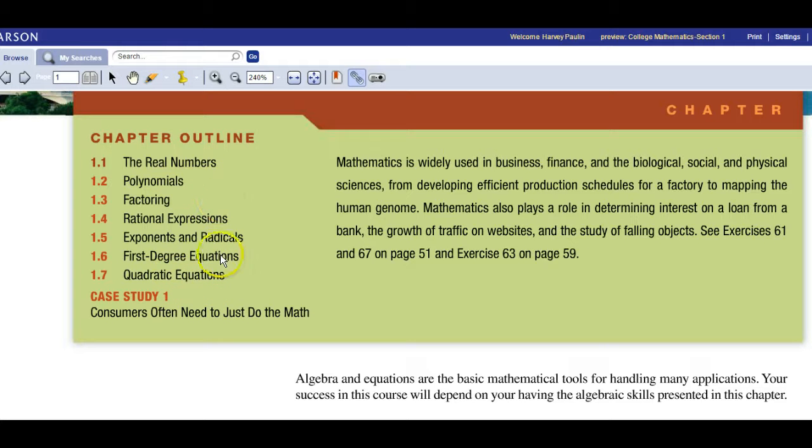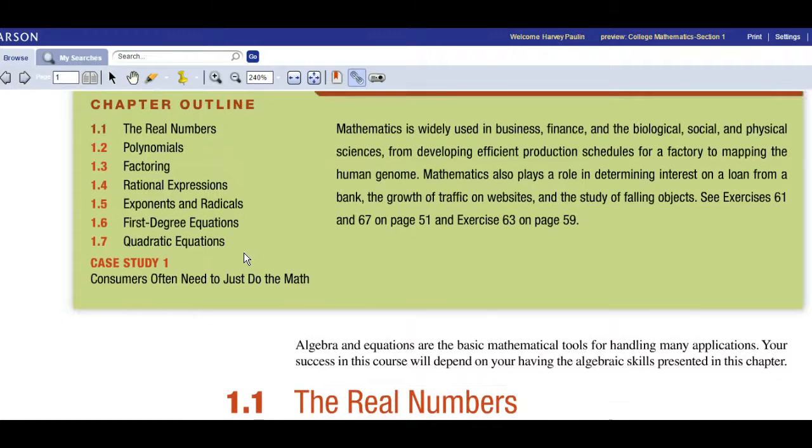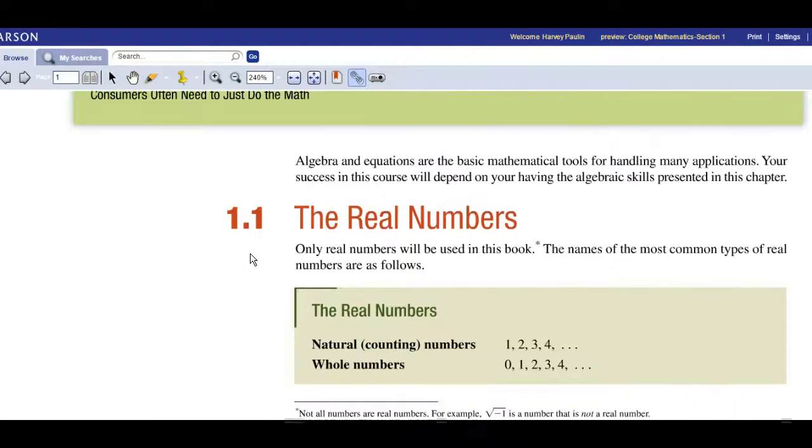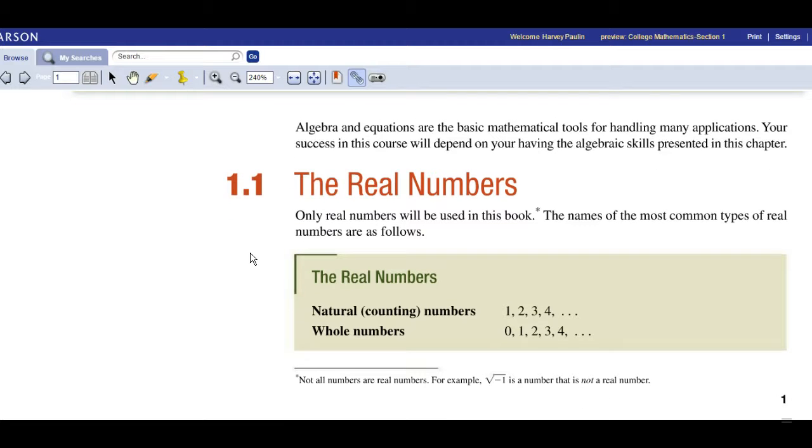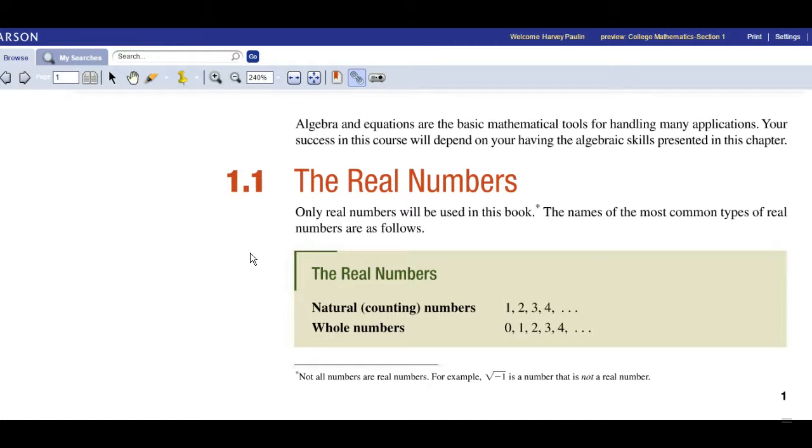So in a sense, in this one chapter, we'll be doing a real quick review of the basic skills of algebra that you need to bring into your next few chapters. Now, as we look at our first subtopic in Chapter 1, we're going to look at what is called real numbers.